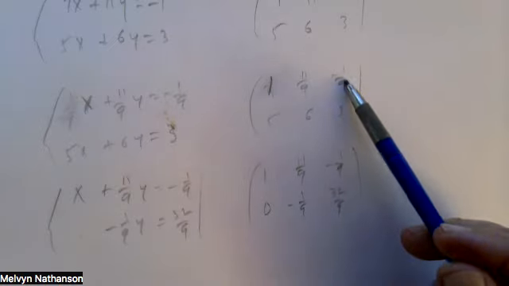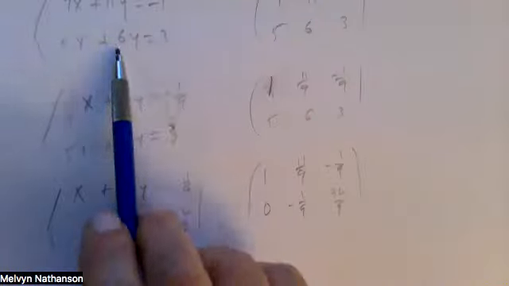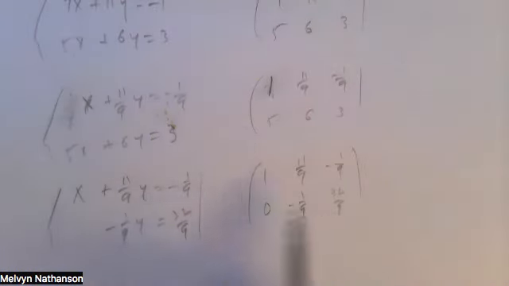So minus 5 times this row to this row gives me this matrix. And you see, at each step, the system of equations and the augmented matrices are exactly the same. Right?